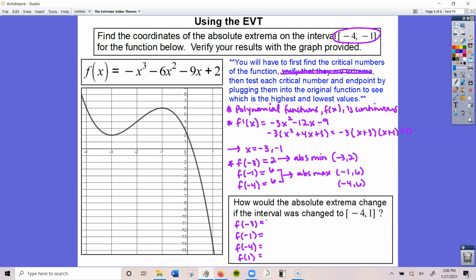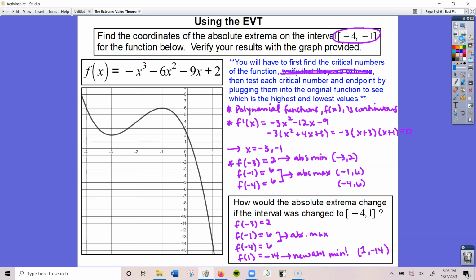Negative 3, like we said, is 2, negative 1 is 6, negative 4 is 6, and f of 1 is negative 14. So this is our new absolute minimum, which is at 1, negative 14. But these two are still the absolute maximum since they are both still the highest points on the graph.